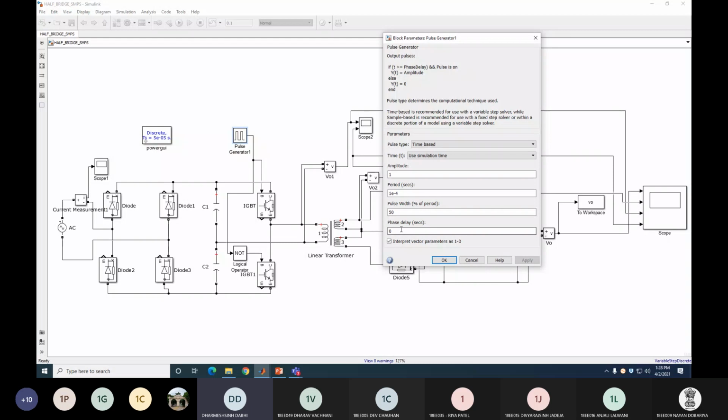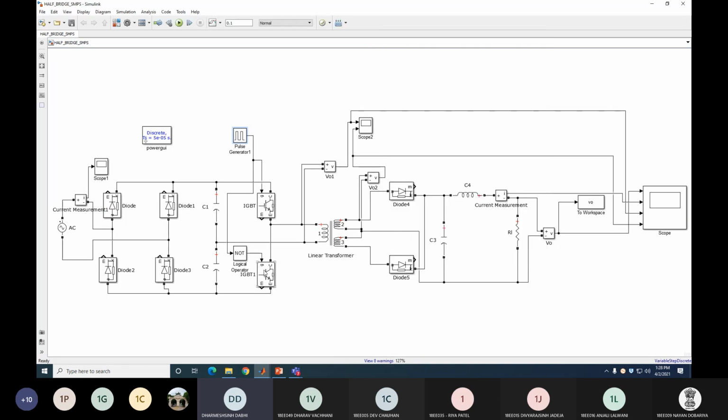So first, pulse generator 1. Here the gate pulse is directly applied to IGBT 1, without phase delay. It means this IGBT is on first. In the same way, I provide the gate pulse to IGBT 2 through a NOT logical operator. It means that whenever the output signal of the pulse generator is 1, it gives 0. So there is no gate pulse for IGBT 2.